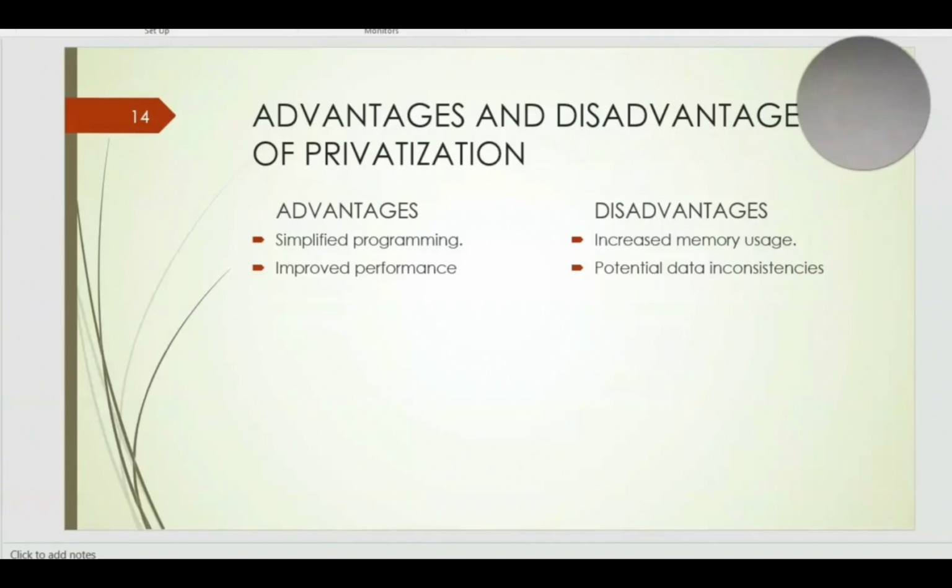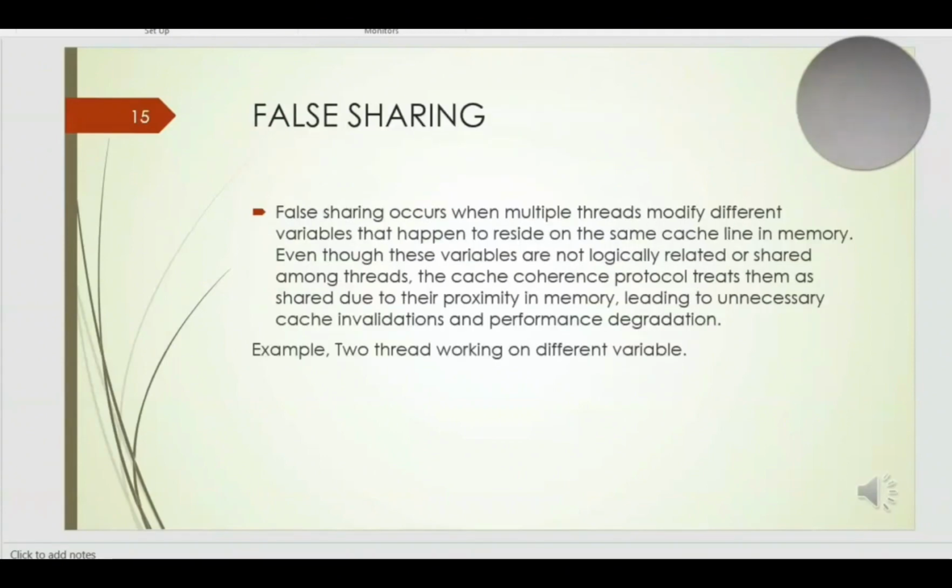Then the next basic concept of threaded parallel computation is false sharing. False sharing occurs when multiple threads unintentionally impact each other's performance by modifying different variables that are stored on the same cache line in memory. For example, two threads working on different variables.